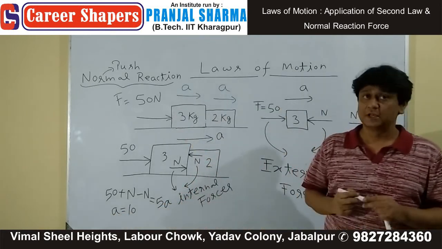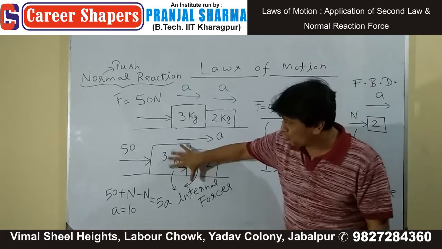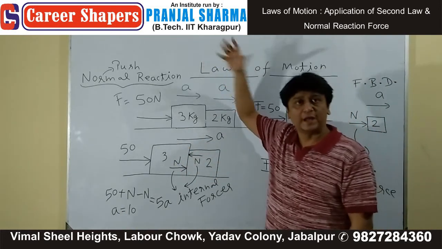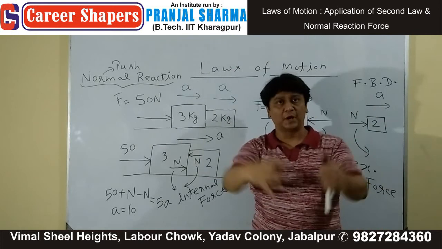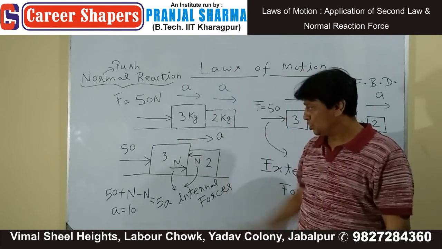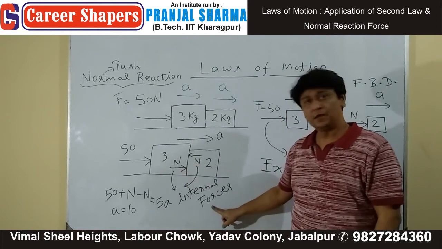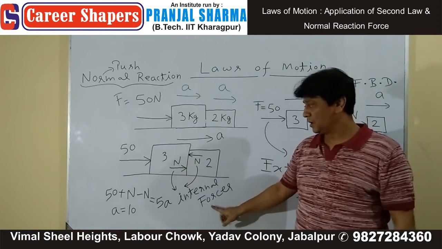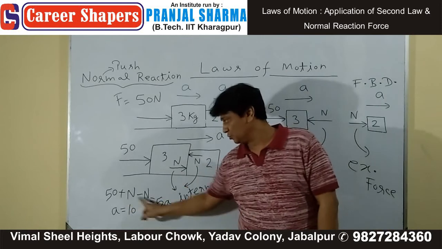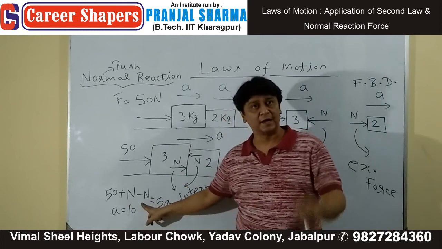10. इसका मतलब क्या? जब आप दोनों या तीनों या जितनी बॉडीज हैं उन सबको ग्रुप करके एक साथ देखते हो, तो जितने भी एक्शन रिएक्शन टाइप के फोर्सेस हैं which are called what? Internal, वो एक दूसरे को क्या कर देते हैं? कैंसिल.